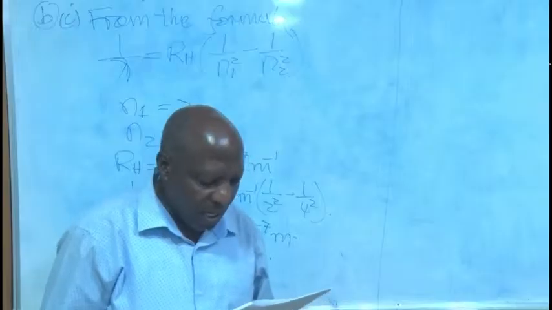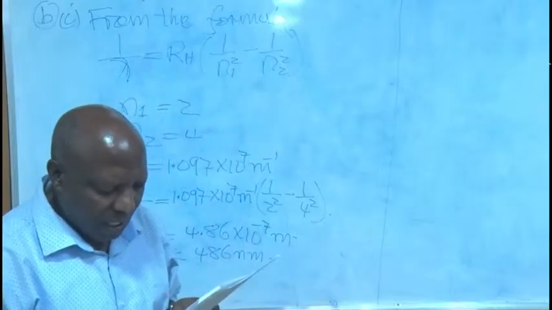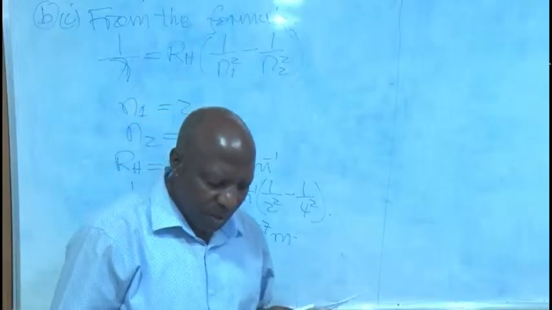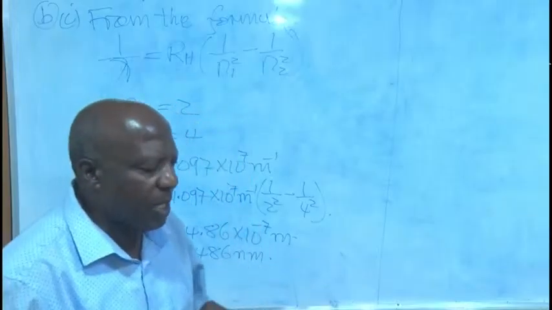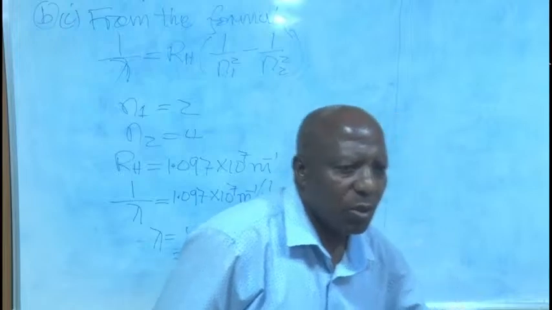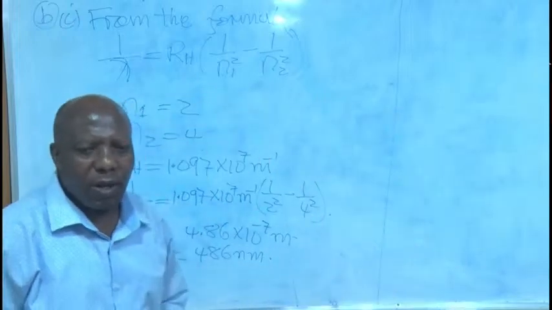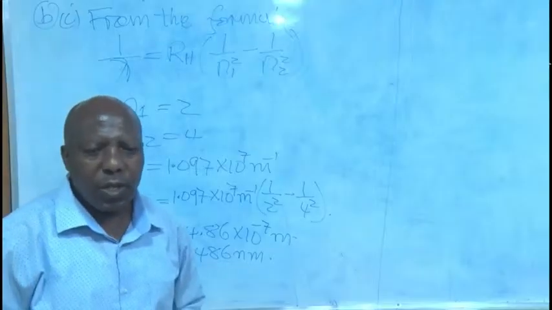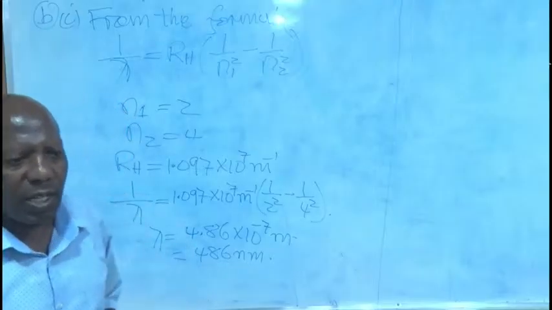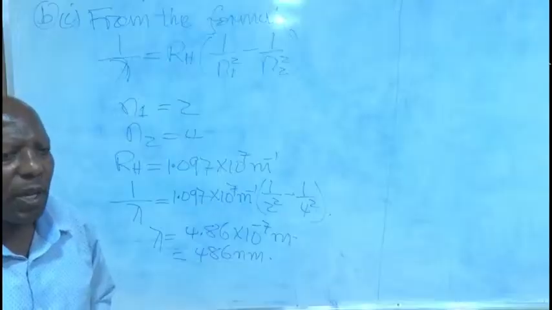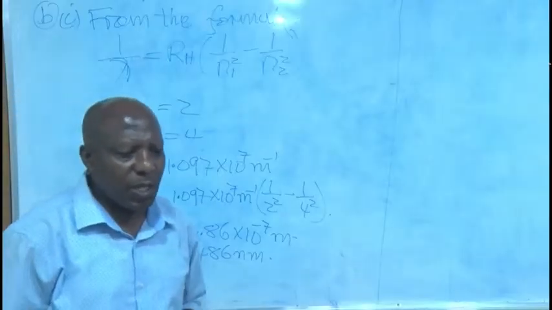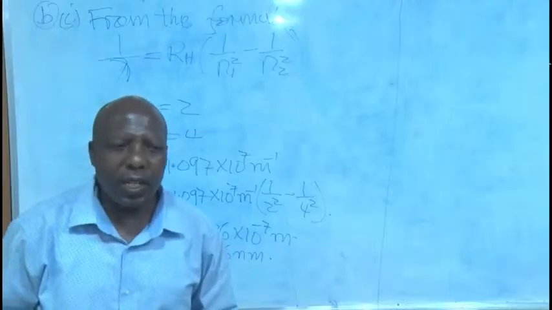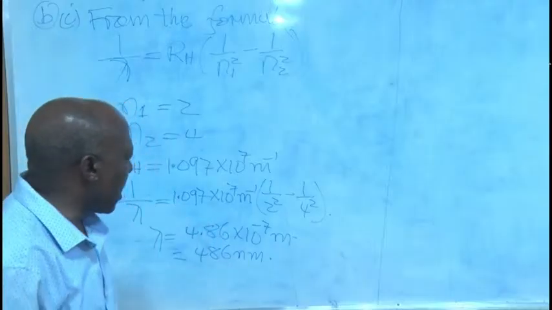Now question number 1B Roman 2: with the results, comment on whether the transition in B Roman 1 is absorption or emission. Normally we have two types of spectrum. We have the absorption spectrum, in which an electron moves from a lower energy level to a higher energy level, and the emission spectrum, when the electron drops from a higher energy level to a lower energy level.